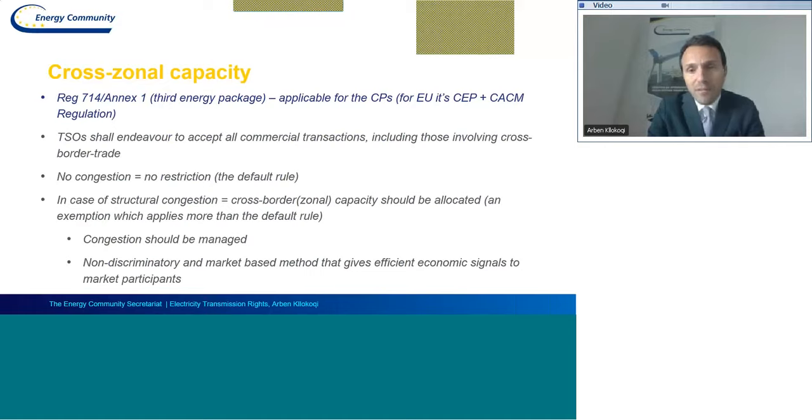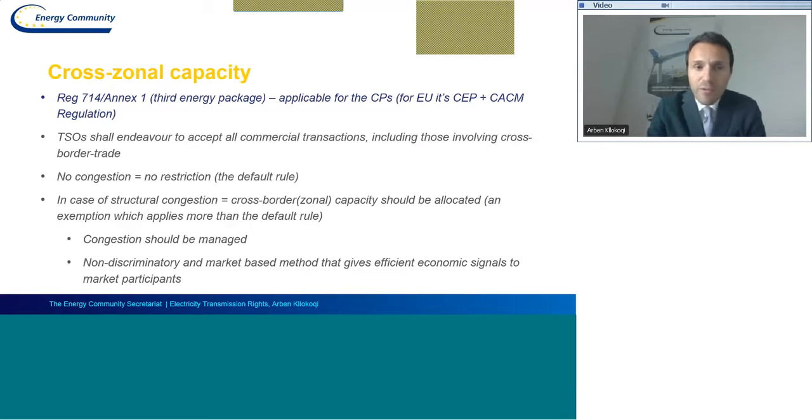On top of that, in the EU you have the CACM, which is the Capacity Allocation and Congestion Management Regulation, which deals with capacity calculation and allocation, as well as the FCA, which is not mentioned here, which deals with forward capacity allocation, which again we expect to have in the energy community very soon.